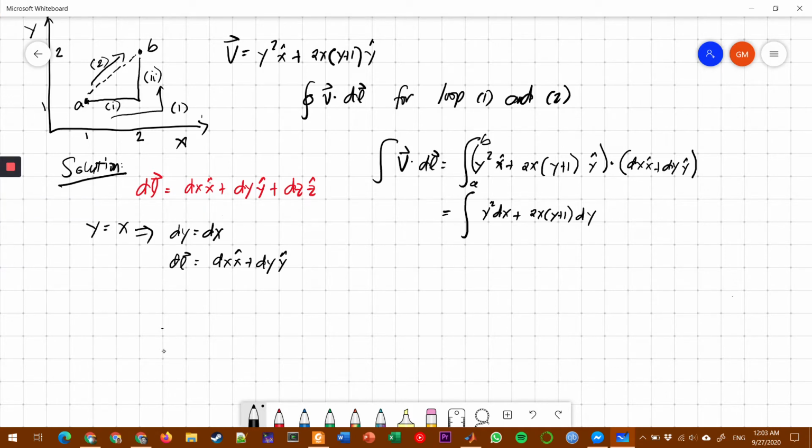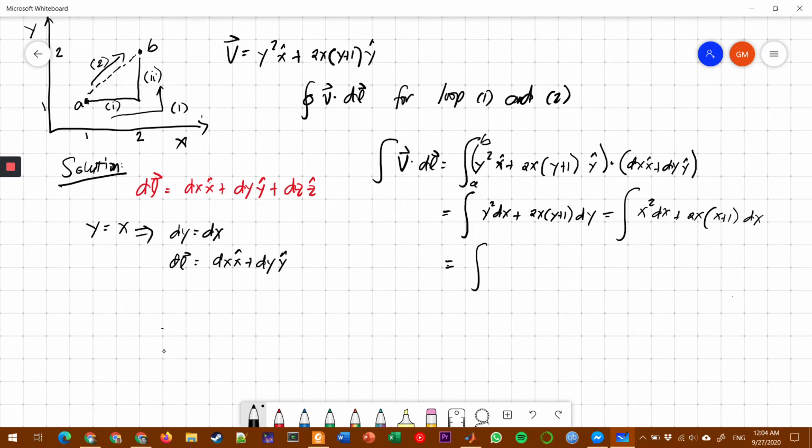So we can further simplify this one. Take note that at the outset of our problem, we have y equals x. So we can simplify this if we substitute y with x. Okay, so this becomes x squared dx plus 2x times x plus 1, right? This is also dx. So mas simplify siya.